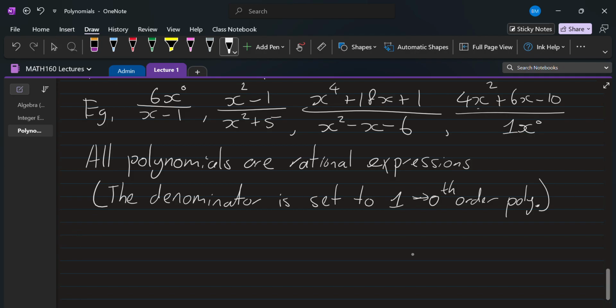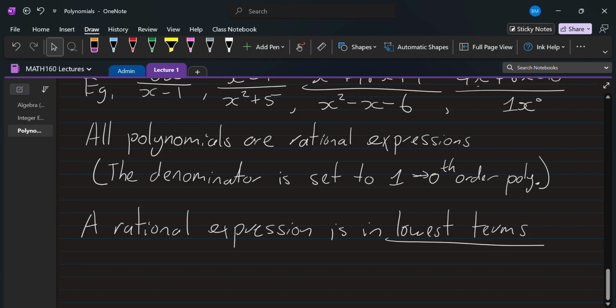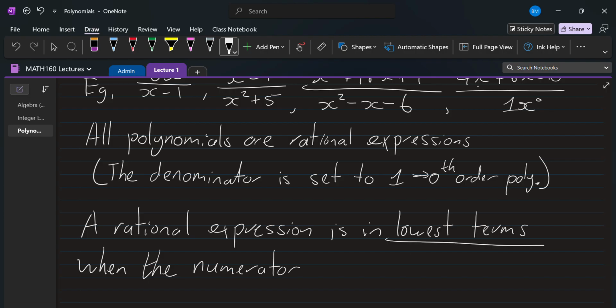This is a good true or false type question that may or may not come up in class test 1. All polynomials are rational expressions. In brackets, how? Well, the denominator we just set to 1. And 1, that's just a 0th order polynomial.